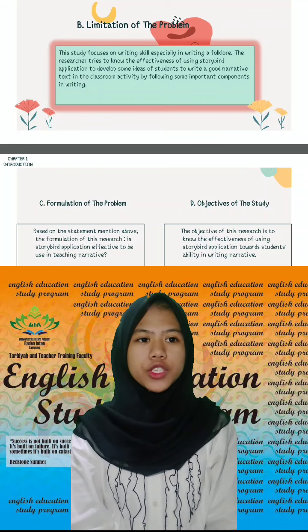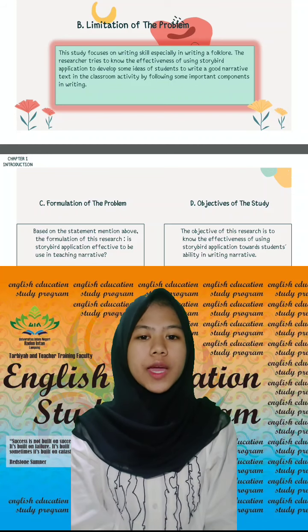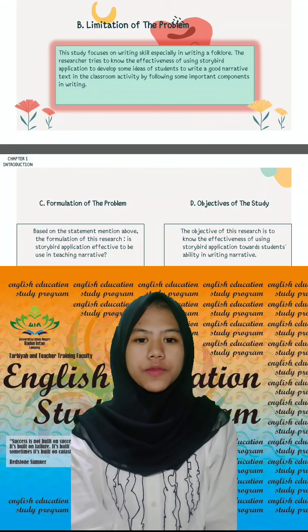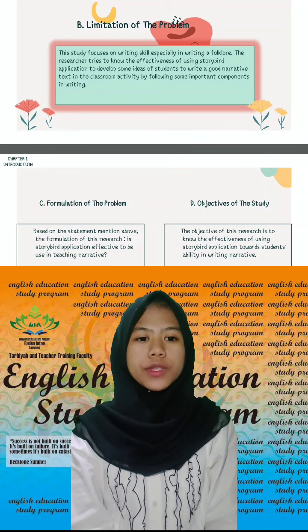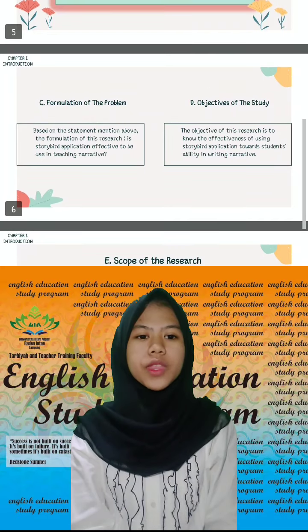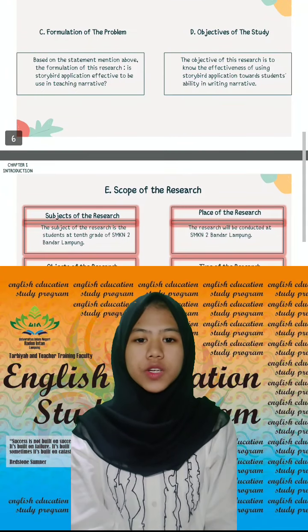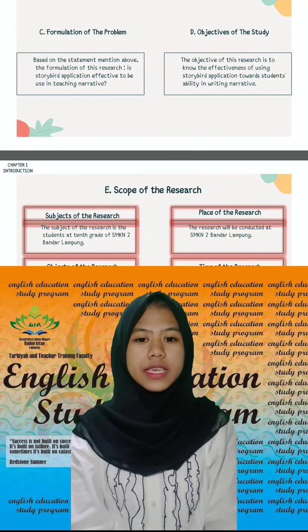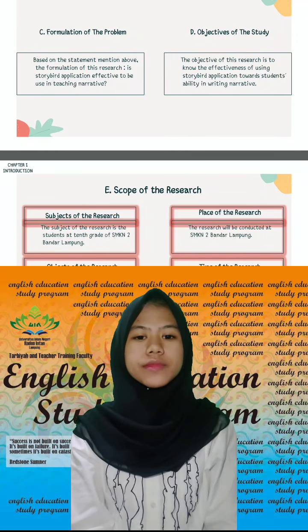Based on the statement mentioned above, the formulation of this research is: is there any effectiveness by using Storybird application towards students' ability in writing narrative text? There is also the objective of the study. The objective of this research is to know the effectiveness of using Storybird application towards students' ability in writing narrative.